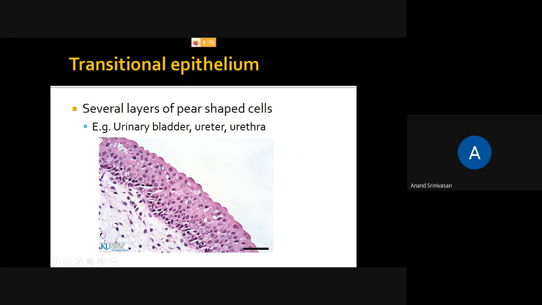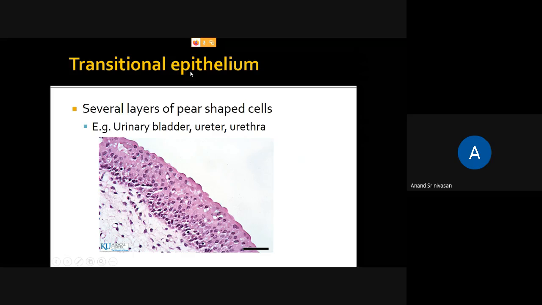You can see they are rounded. Some say it also looks like an umbrella. Umbrella-shaped cells or pear-shaped cells. So the topmost layer is umbrella-shaped or pear-shaped cells. So this is called transitional epithelium.